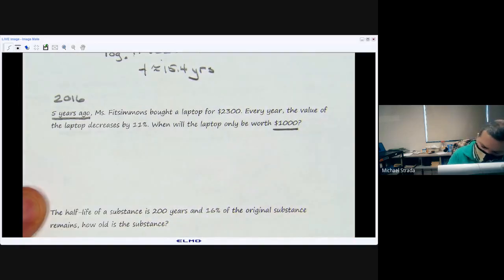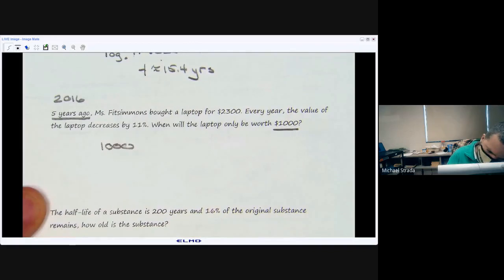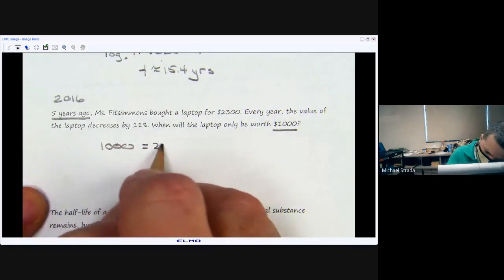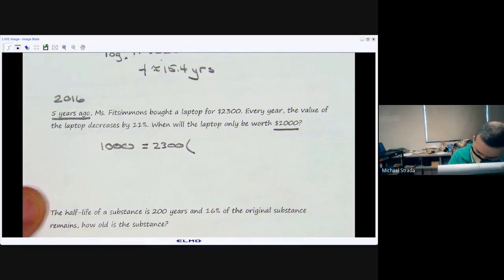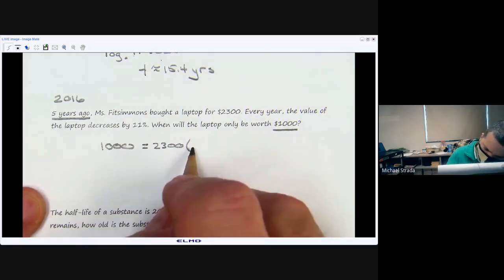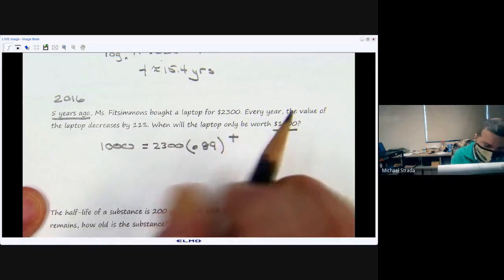So that's our final, so that's going to be isolated all by itself. It equals the initial $2,300. Again, it's going down, so it decreases by 11%, so that'd be 0.89 to the t.